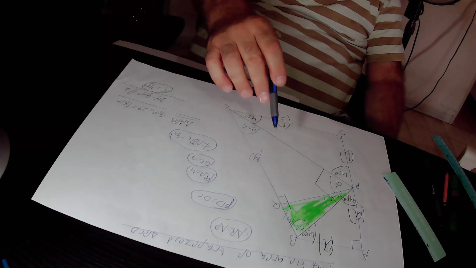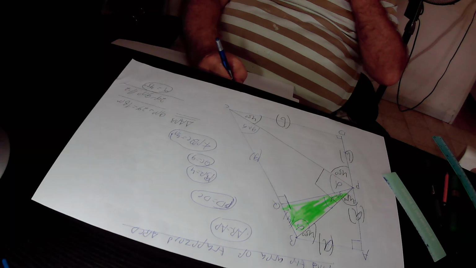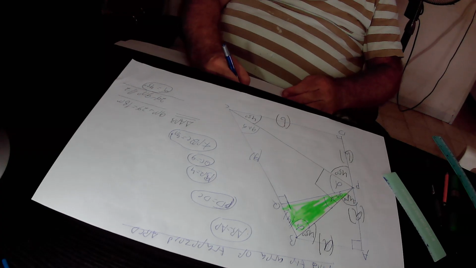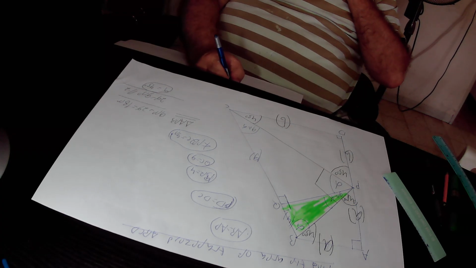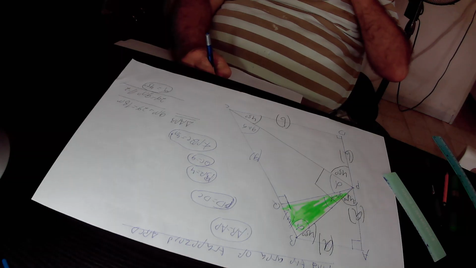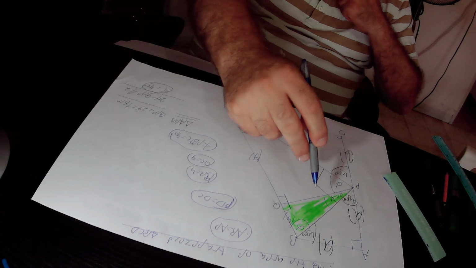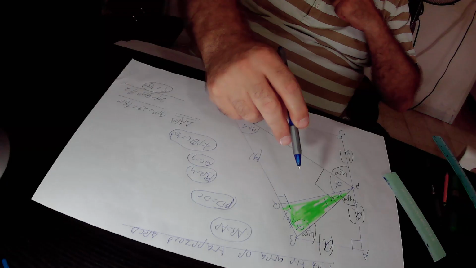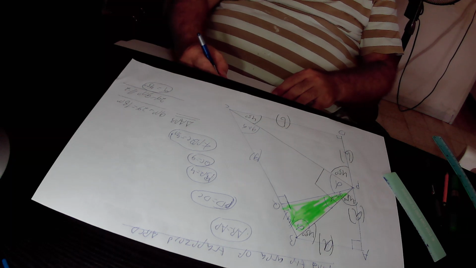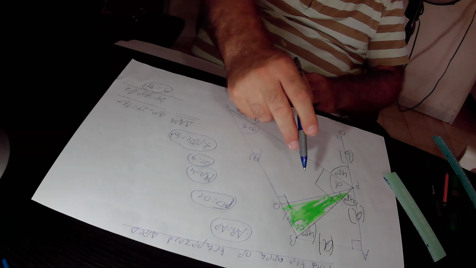Side PQ of the big right triangle PQC over side BQ of the small green triangle BQP is equal to side QC of the big right triangle PQC over side PQ of the small right triangle PQB.